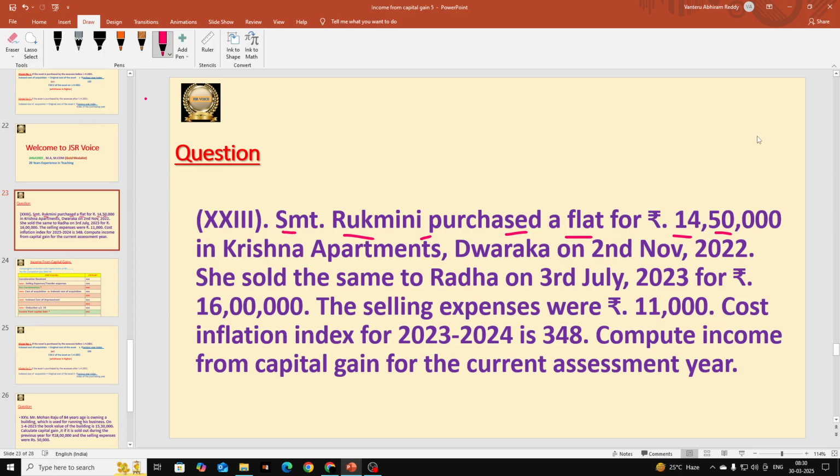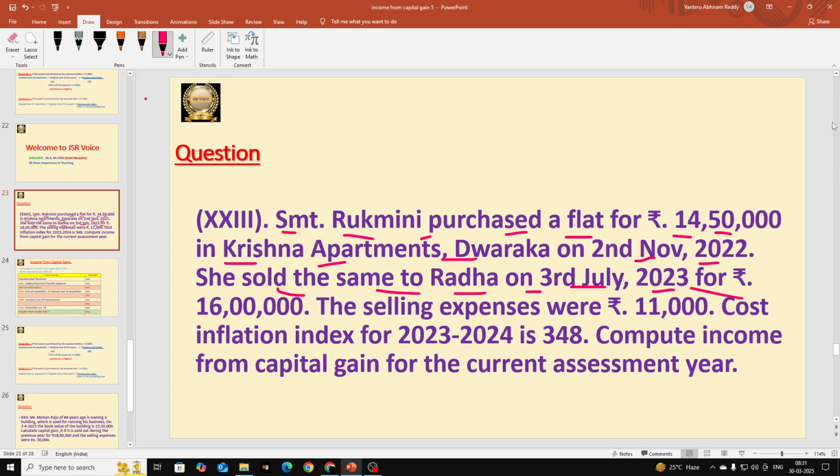And here the purchasing price of the flat is 14 lakhs 50,000 in Krishna Apartments, Dwaraka. She purchased it on 2nd November 2022. Our previous year starts from April 1st 2023 and ends on 31st March 2024. Just before the previous year, she purchased that house. And she sold the same to Radha on 3rd July 2023.